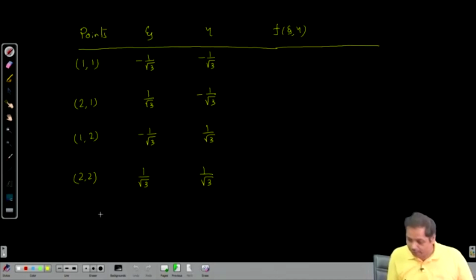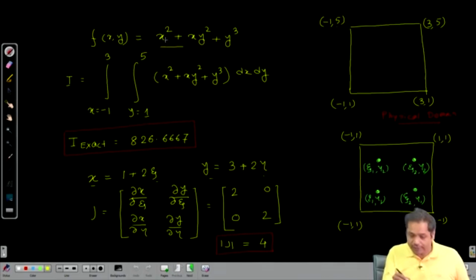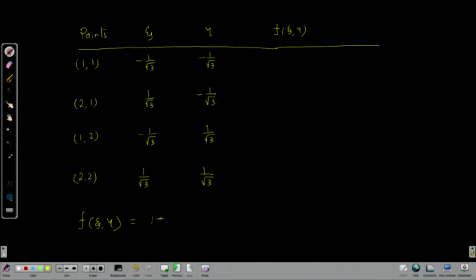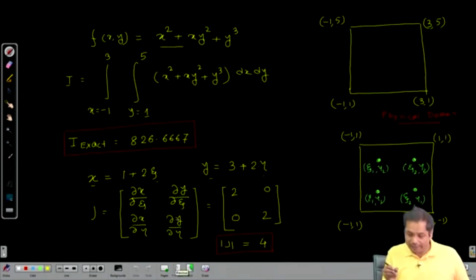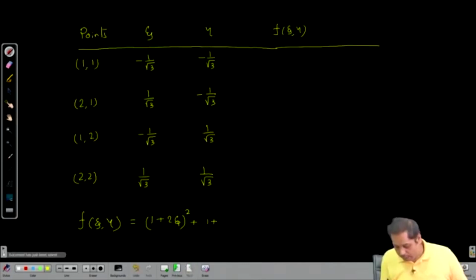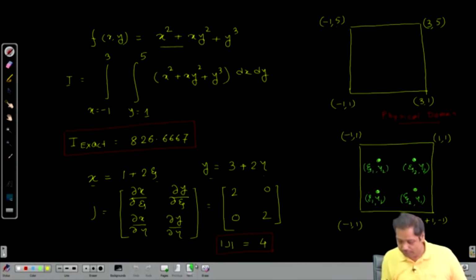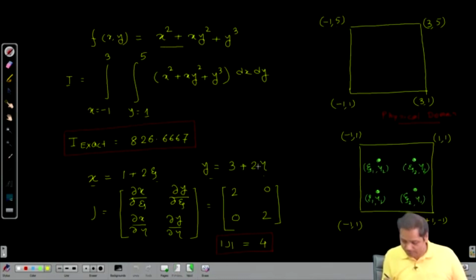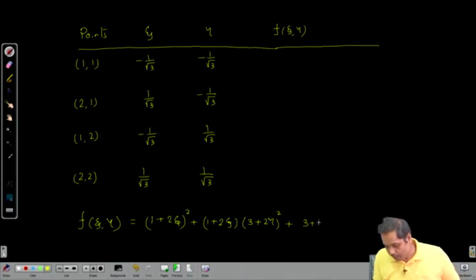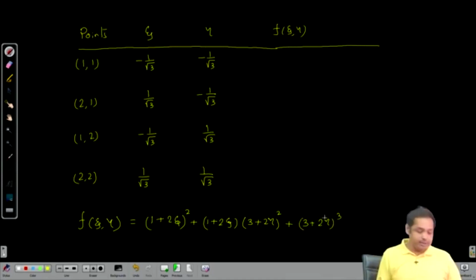So f of xi and eta will be 1 plus x squared, meaning 1 plus 2 xi whole squared, plus x into y squared, meaning 1 plus 2 xi into 3 plus 2 eta whole squared, and then finally y cubed, which is 3 plus 2 eta whole cubed. So we have to evaluate f.